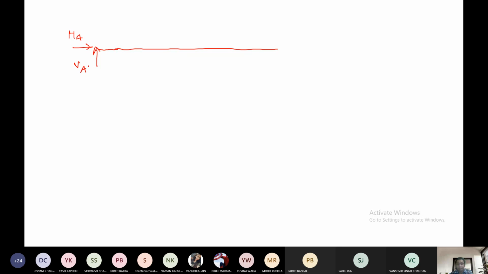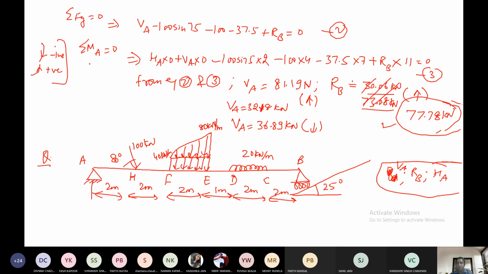I will make the FBD after 5 minutes, okay? Let us see how much you are able to solve of step number 1 and step number 2 by yourself or not.